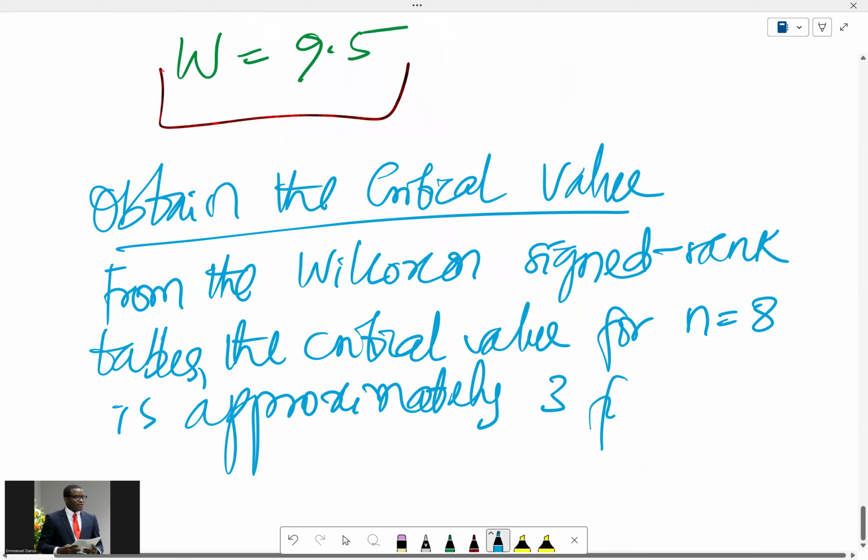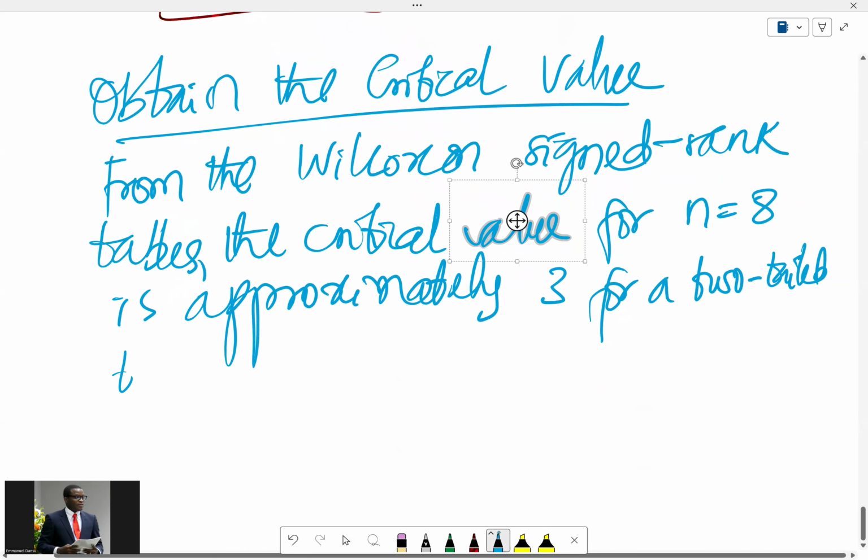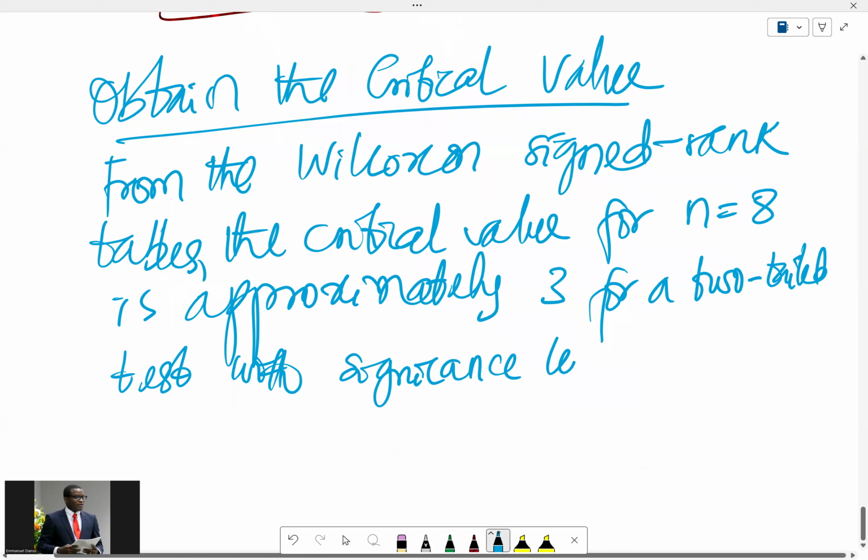It's approximately 3 for a two-tailed test with significance level alpha equals 0.05.